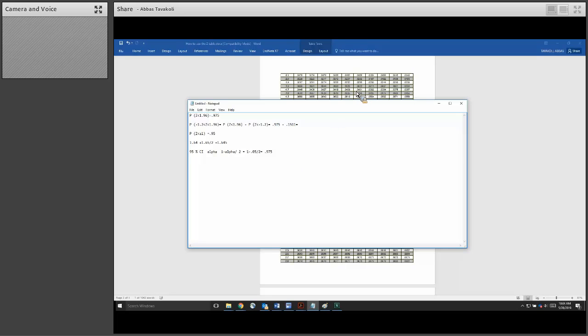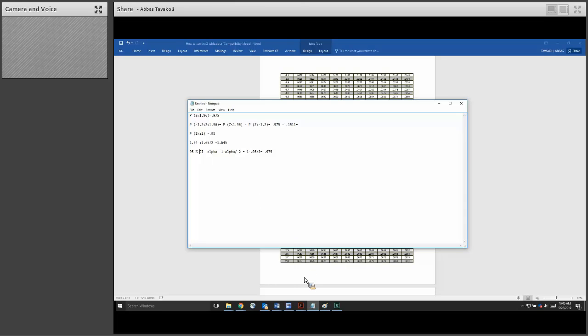The z table is what you're going to use in confidence intervals for proportions, hypothesis testing for proportions, and also for means when the variance, or sigma squared, is known for that population. Usually for a confidence interval, we say 95% confidence.